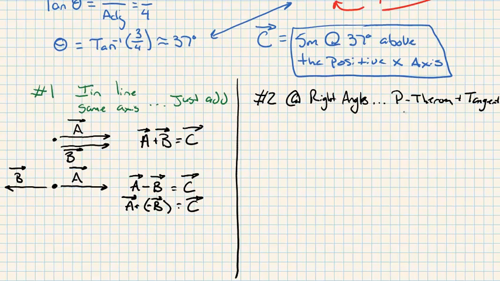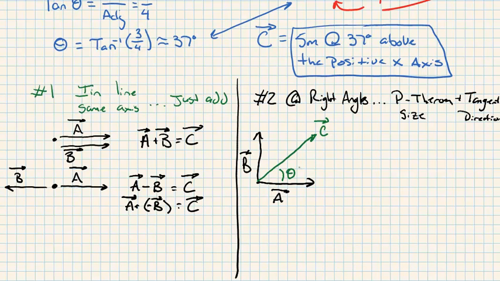This will give you the size, and this will give you the direction. And write out a brief example here. B vector, A vector. And we have some resultant vector going off like this, our C vector, at some angle theta from the x-axis.